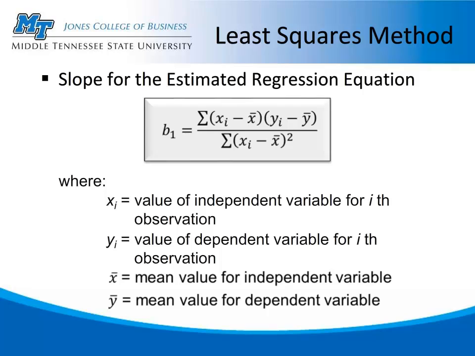You can take the partial derivative of that expression with respect to the y-intercept, set that equal to 0. Take the partial derivative with respect to the slope and set that equal to 0. And you come up with two equations and two unknowns, and you can solve them simultaneously.